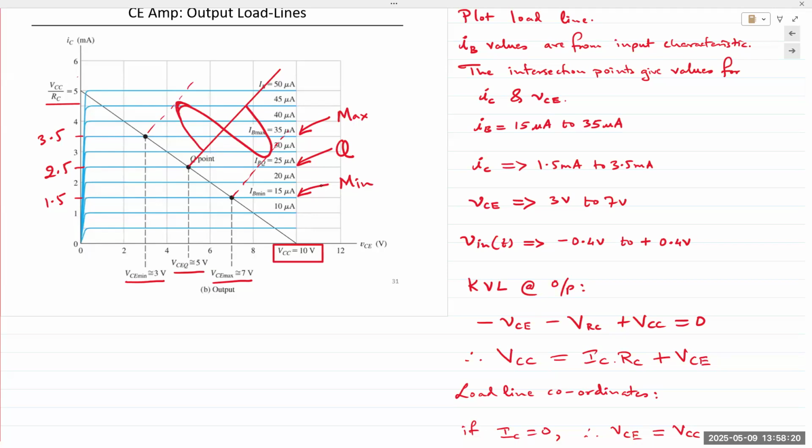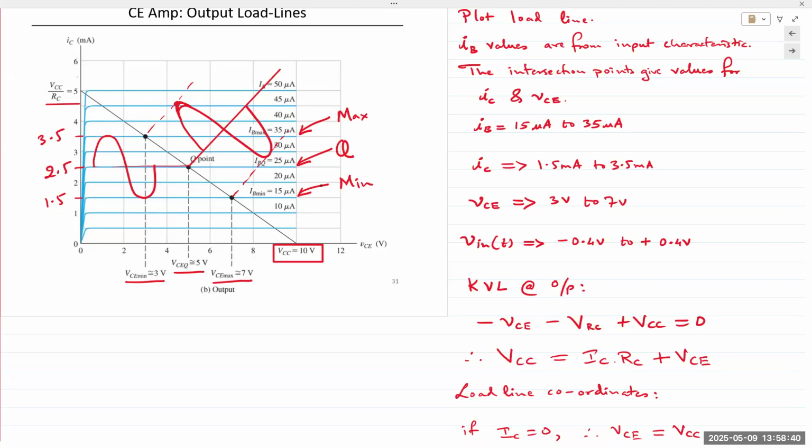IB varies between 15 and 35 microamps, very small. What is the value for IC? My output value for IC is varying between 3.5 to 1.5 milliamps, gain of 100.